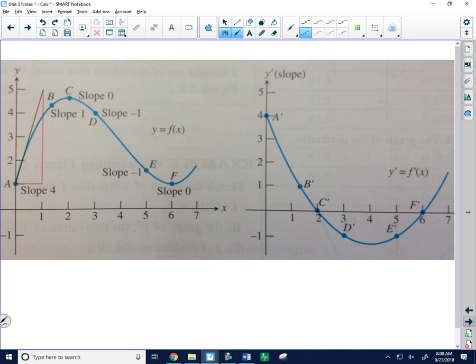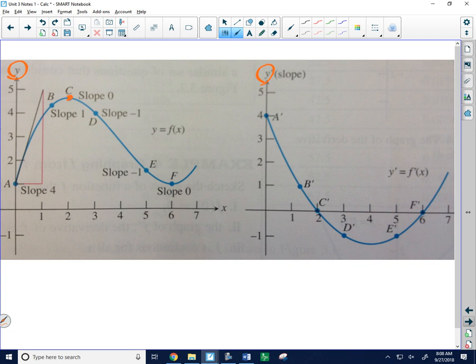Let's see. So here's an example, this is not on your page, but just an example you can see. This is the original function. This is what I call y, and this one's y prime, the derivative function, the slope function. So what you can do is figure out some slopes. I'll start here, like at the top.